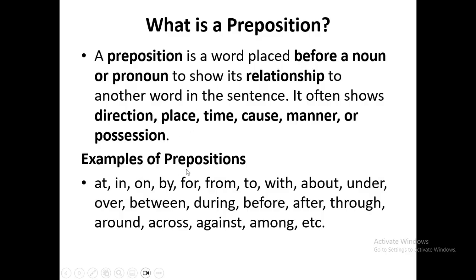Example prepositions: at, in, on, by, for, from, to, with, about, under, over, between, during, before, after, through, around, across, against, among, etc. These are some of the example words of prepositions. We use them when we speak or write the English language. These are very common prepositions known to everyone.